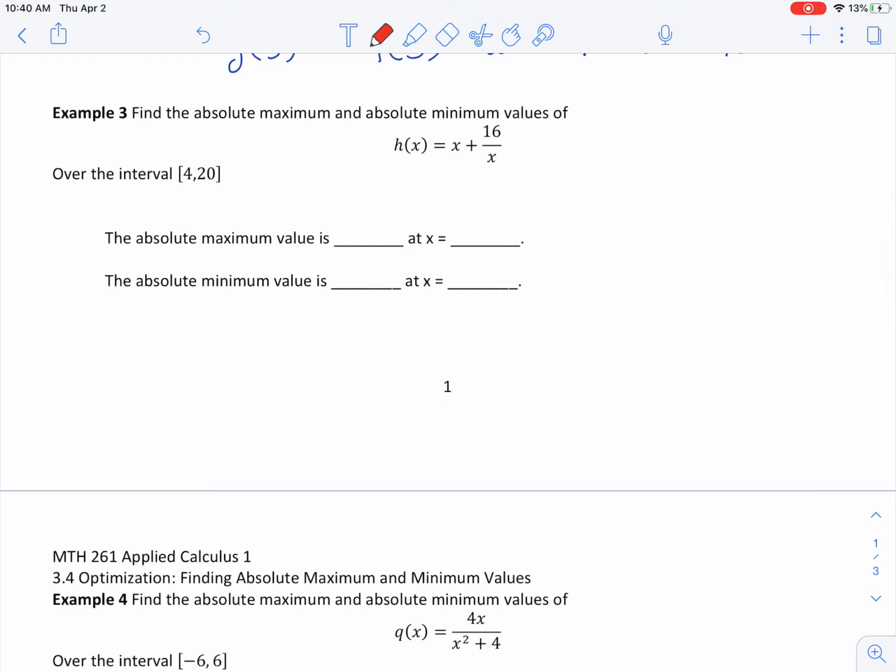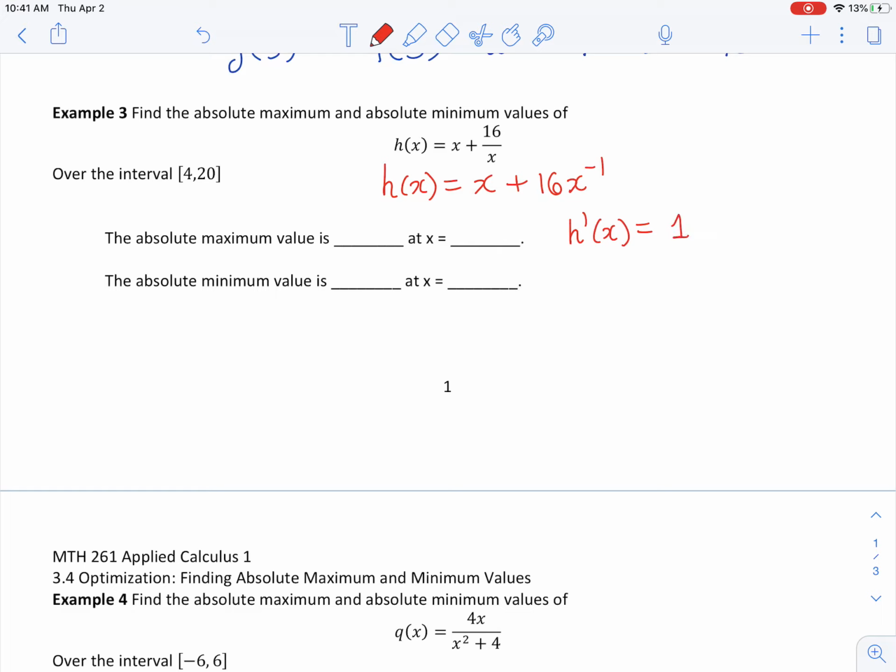Now, let's look at some more interesting functions like h of x that I got here for you. I know that I will need to find the critical value, but I noticed that h of x, it will be great if we can rewrite it first, don't you think? Let's rewrite it so that we have x plus 16 times x to the negative first.